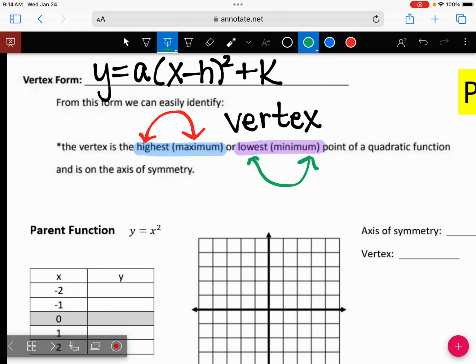All right, if it's a frown, the highest point, the vertex is your maximum. But if it's a smile, the vertex is the minimum. Okay, any questions so far?